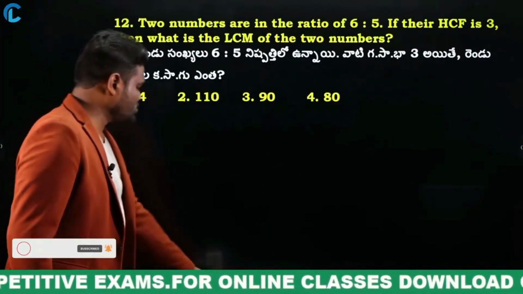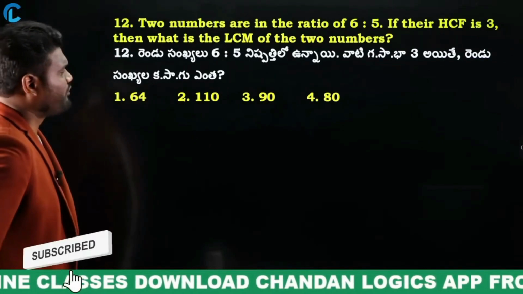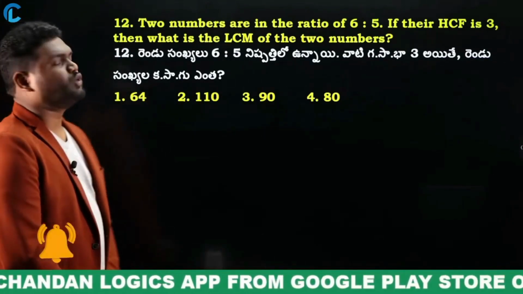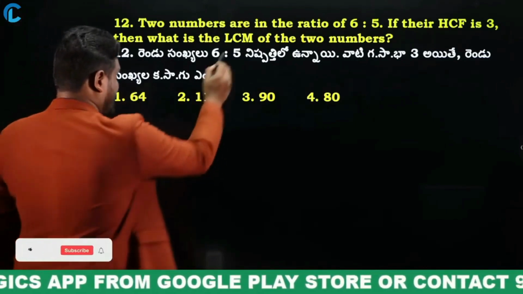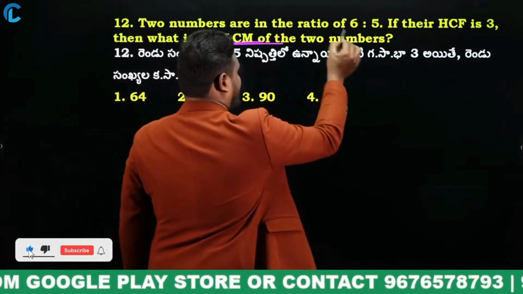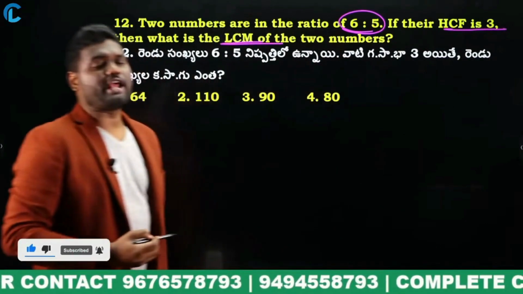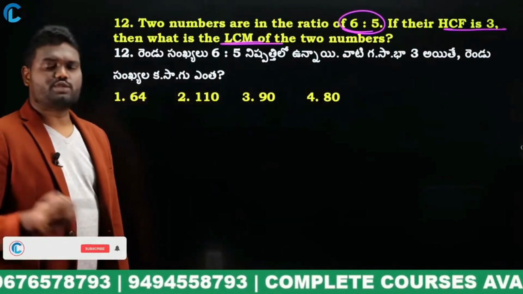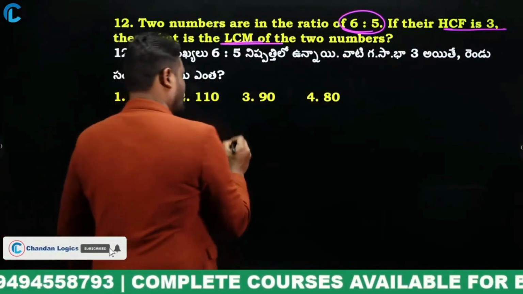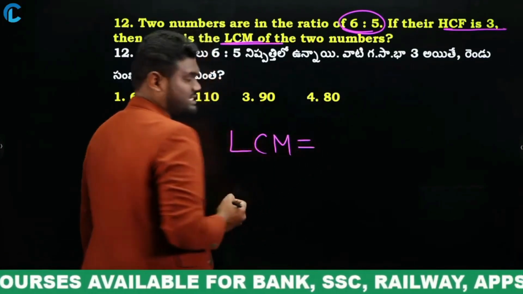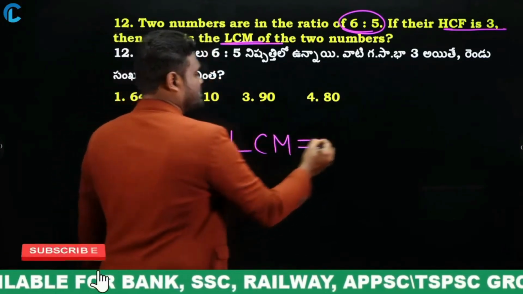Next question, look at this one. Two numbers are in the ratio 6:5. If their HCF is 3, then what is the LCM of the two numbers? Ratio of the two numbers is given, HCF is also given. If you know the ratio and the HCF, it is very easy to find the LCM.